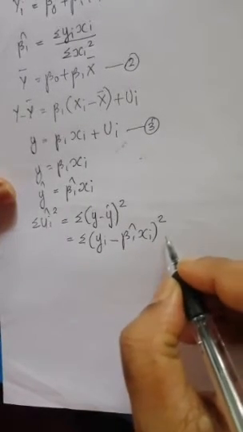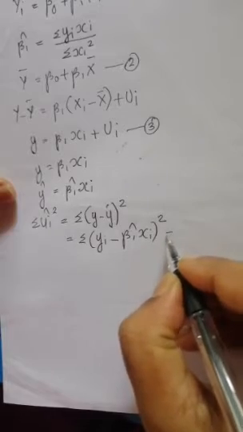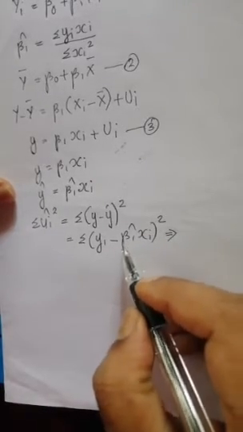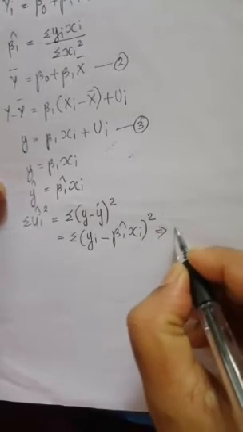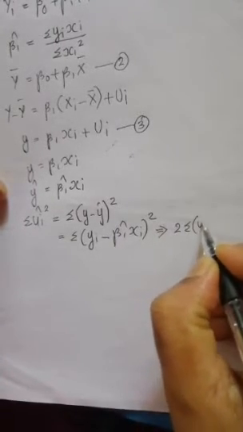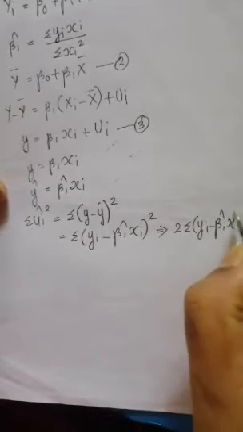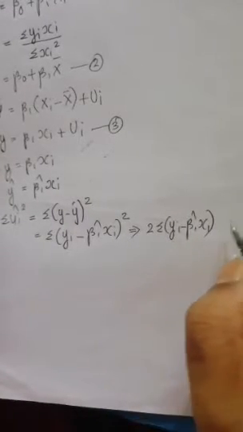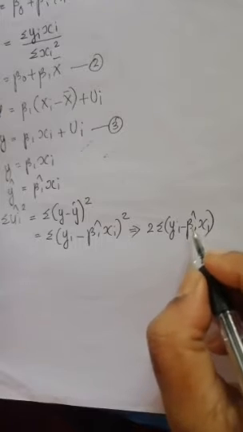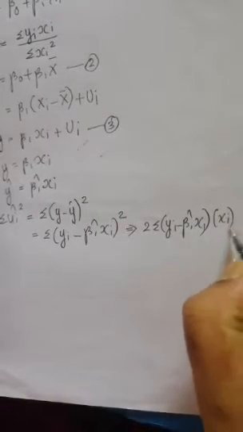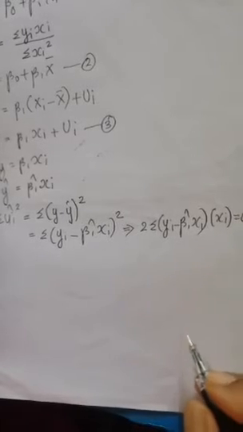The derivative of this function with respect to beta 1 hat is 2 times sigma yi minus beta 1 hat xi, times the derivative of the bracket with respect to beta 1 hat, and we set it equal to 0.